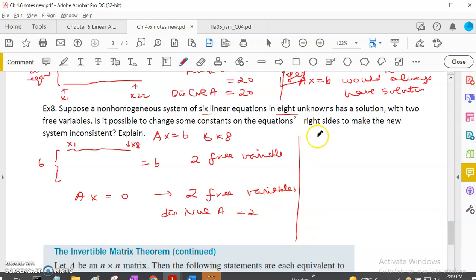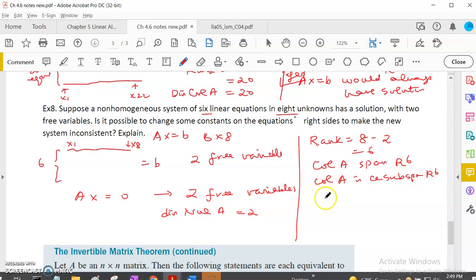And for the rank, using the rank theorem, rank equals n minus dimension of null A, 8 minus 2, which is 6. So your column A spans R6, being a subspace of R6 with dimension 6. So AX equal to B would always have a solution.